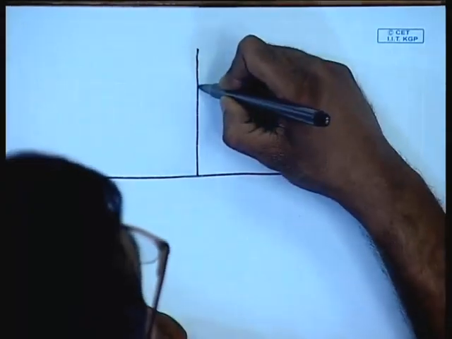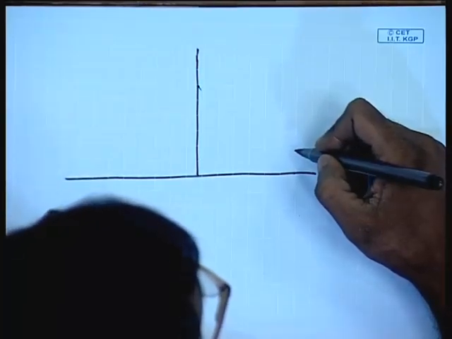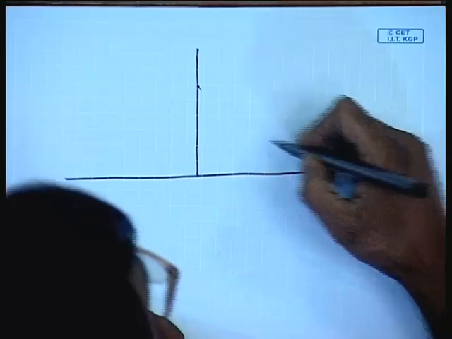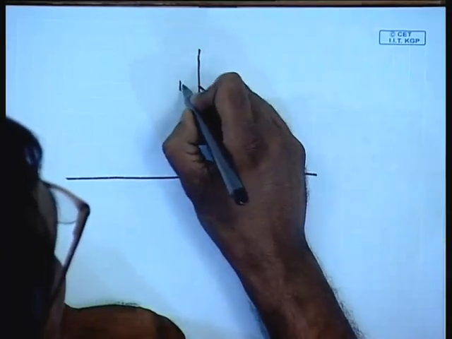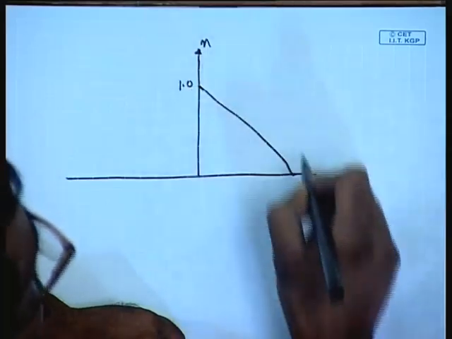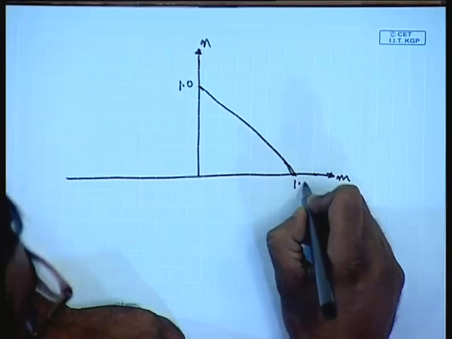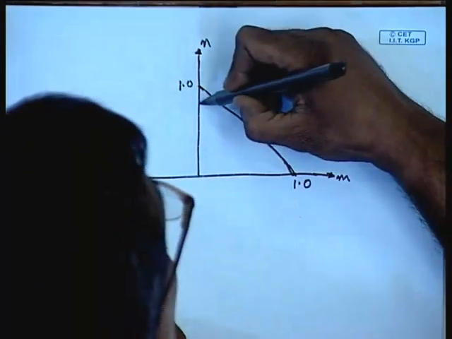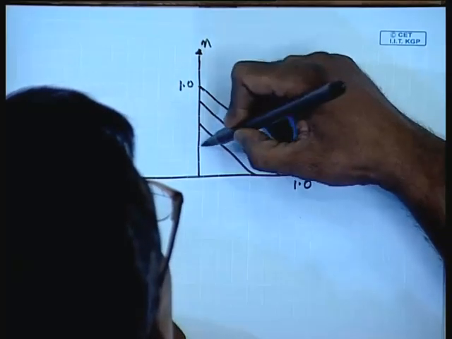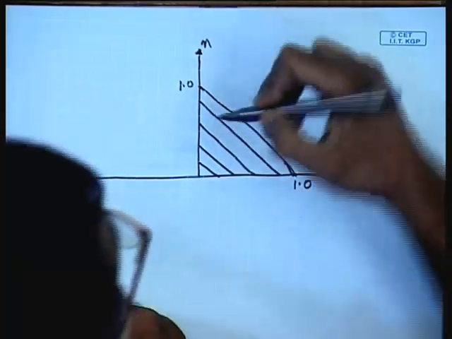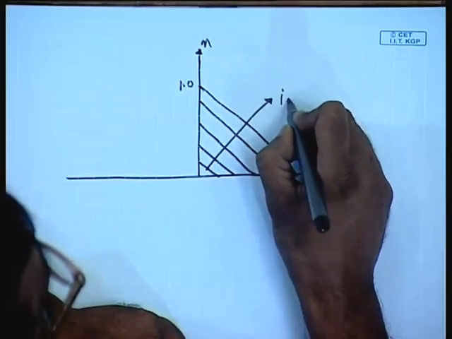This is n, this is m, these are straight lines with 45-degree slope. This is increasing delta.